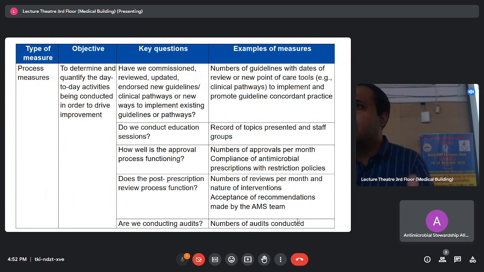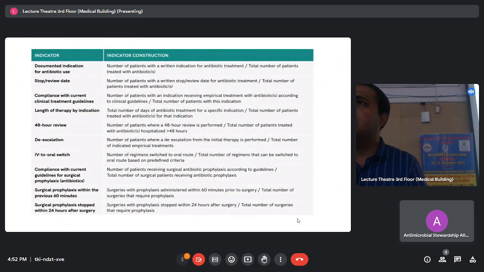Whatever intervention we are putting up, say the prospective feedback, the antibiotic de-escalation, the streamlining, then the intravenous to oral switch, all these individually have different indicators.